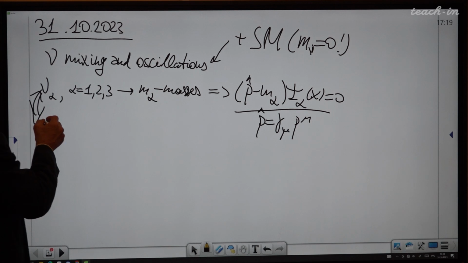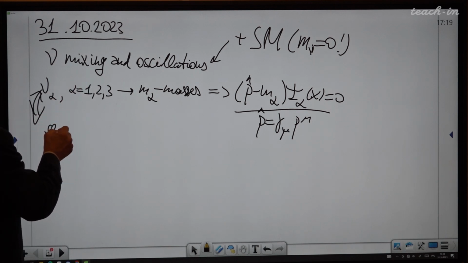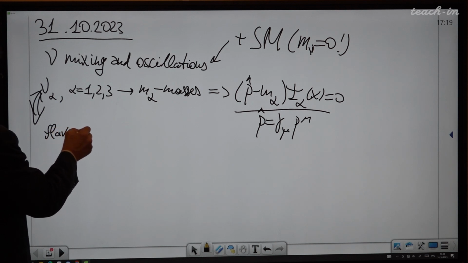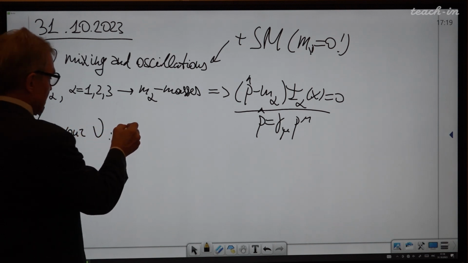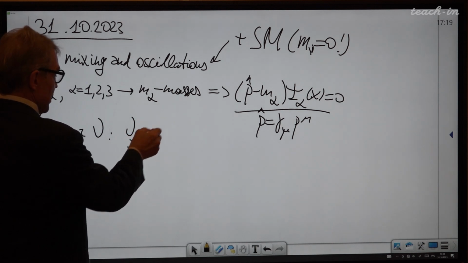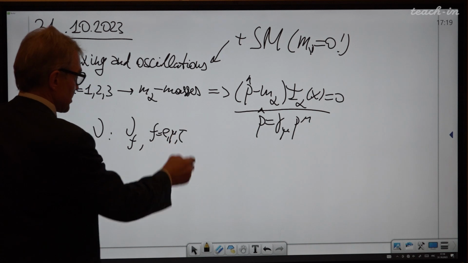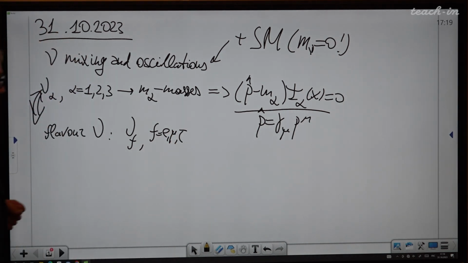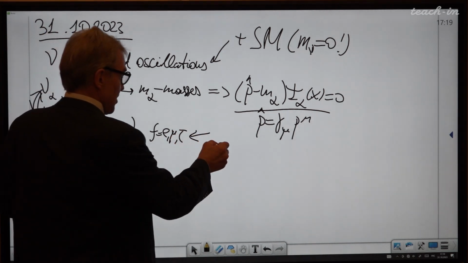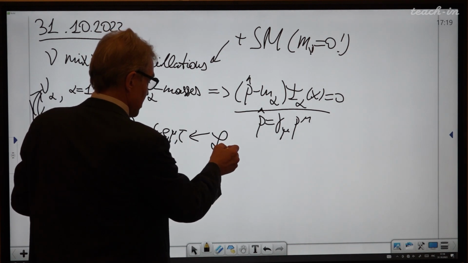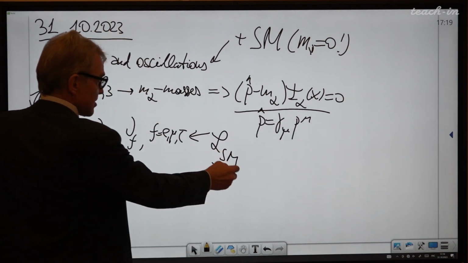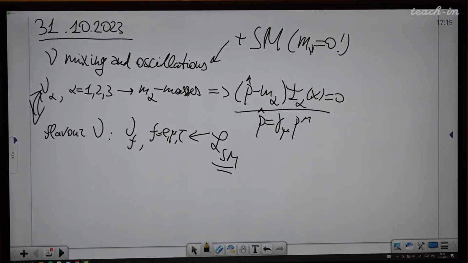So there is this flavour neutrino state. This is the mass states, and this is the flavour neutrino states. We determine the flavour f as electron, muon, tau neutrinos, according to present knowledge and understanding. These particular neutrinos participate in interaction, and they enter as a field in the Lagrangian of the standard model.